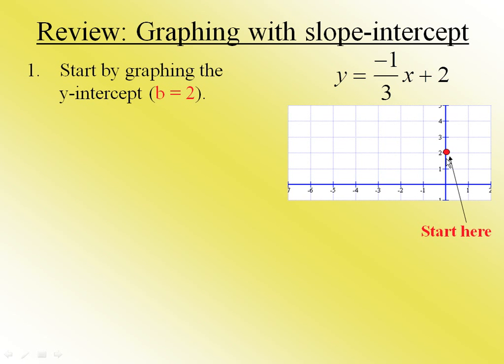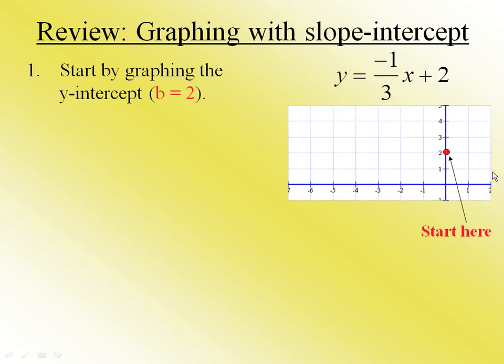Now what would you do from (0, 2)? What you should do is go down 1 because of the negative 1 for rise, and go to the right 3 for run.